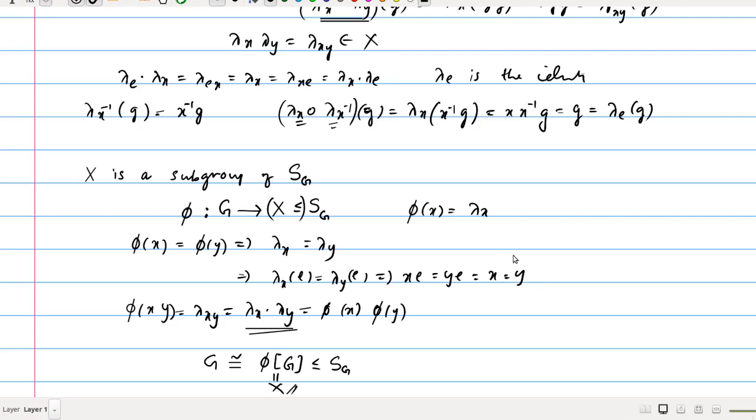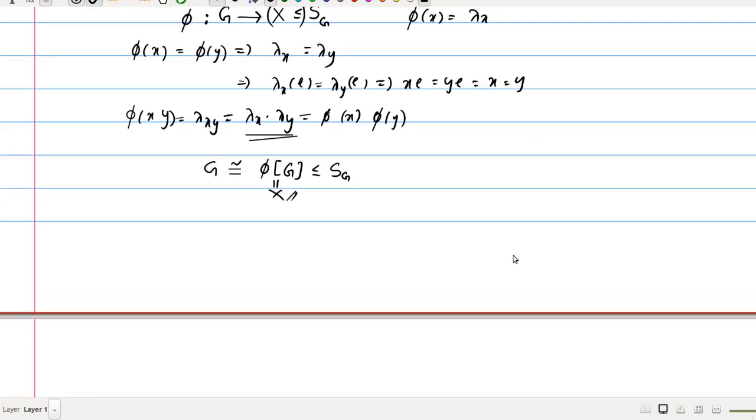So this proves Cayley's theorem. We already discussed that once you define λ_x in this manner, λ_x(g) is equal to xg. In a similar fashion you can find the permutation corresponding to x as μ_x(g) equal to gx.